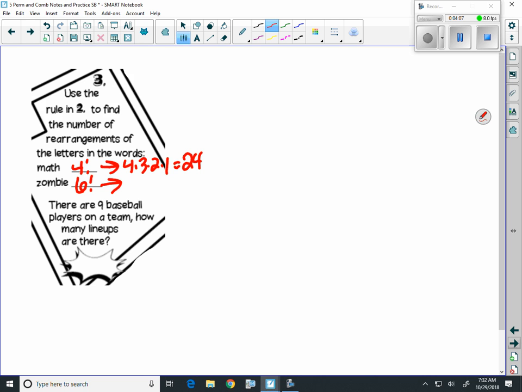Zombie: 6 times 5 times 4 times 3 times 2 times 1. 6 times 5 is 30, times 4 is 120, times 3 is 360, times 2 is 720, and then times 1 would just be 720. So there's 720 ways of arranging those letters.